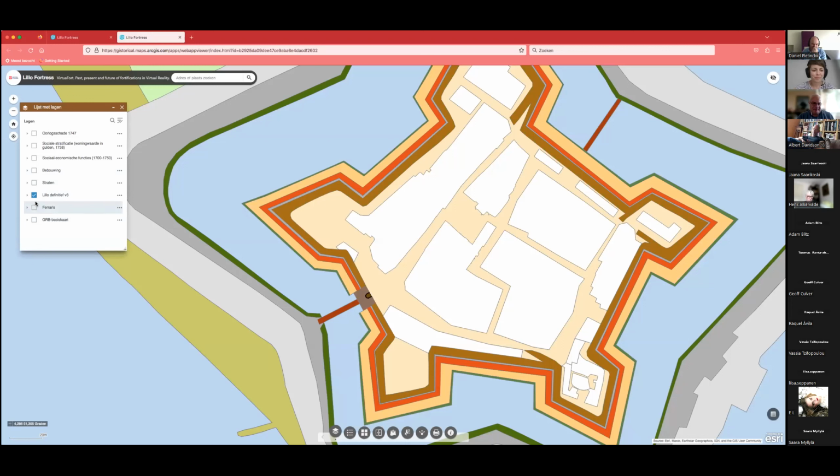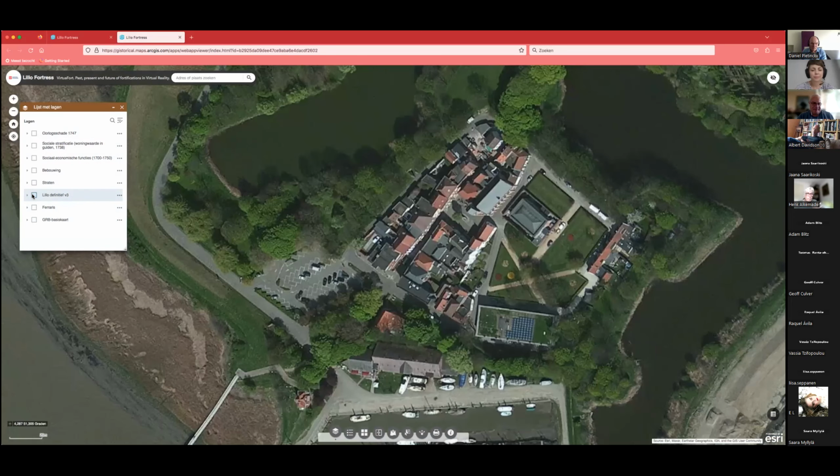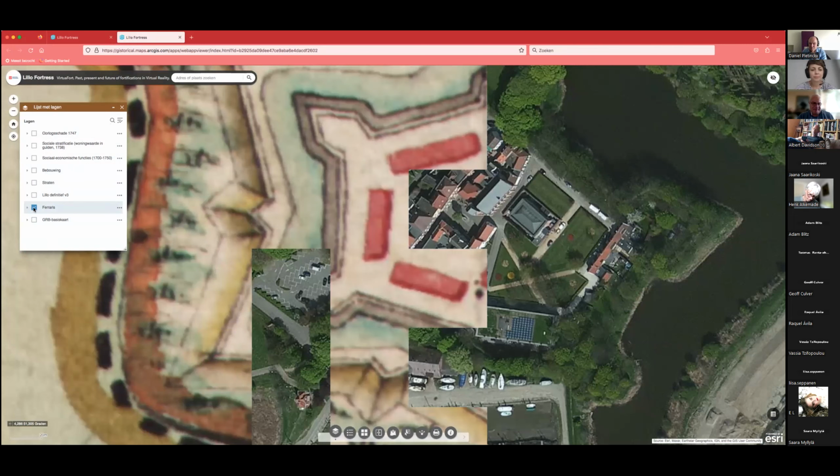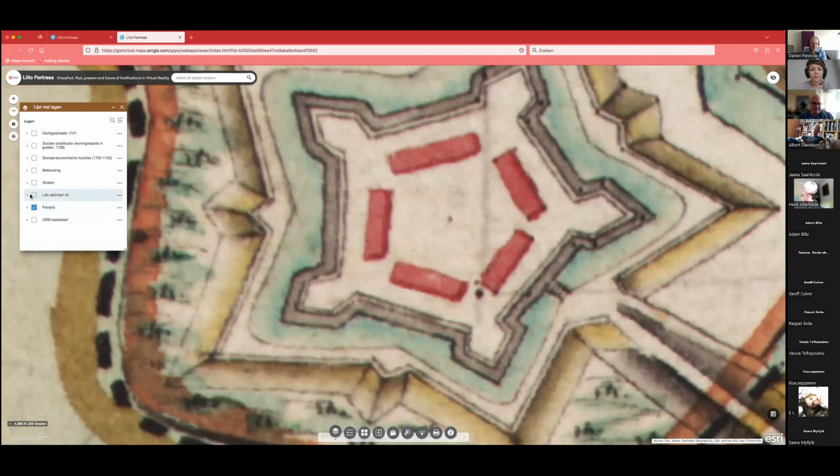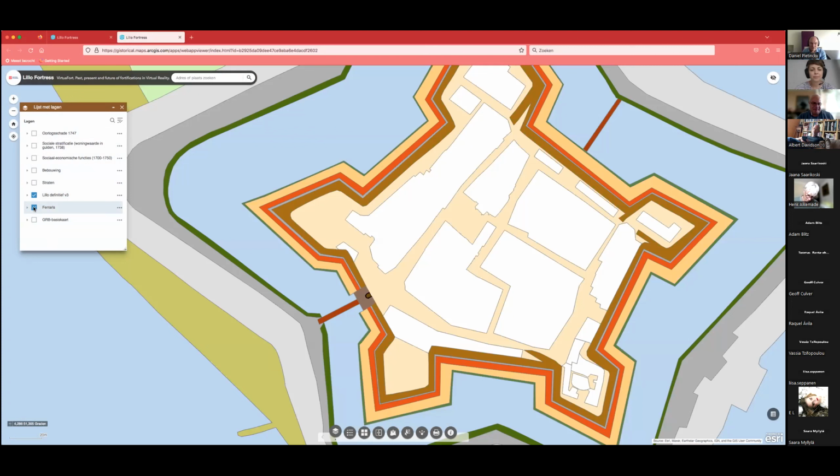So this is the historical GIS that you see. This is, for example, the orthophoto of today. You see the nature reserve, you see the harbor, you see the buildings, you see the water, which is still there today. And then you can put on, for example, the Ferraris map on top of it, and you can then show the historical map.